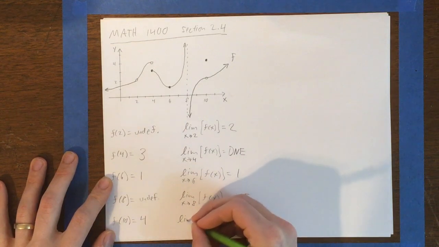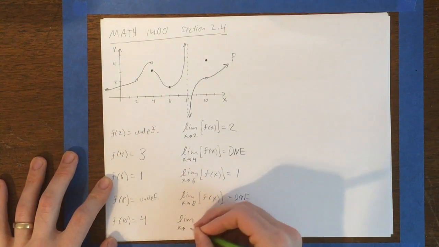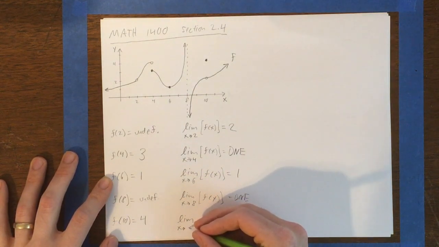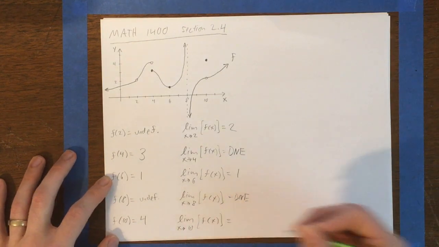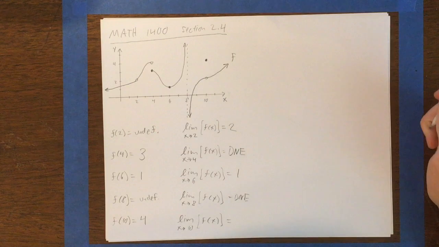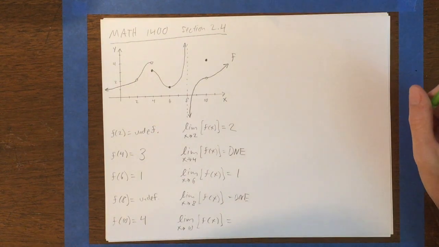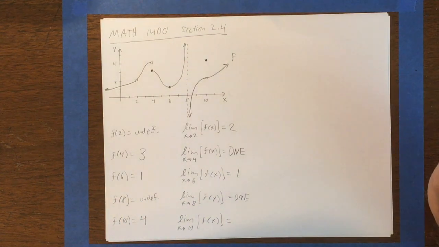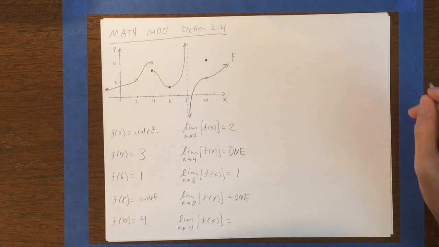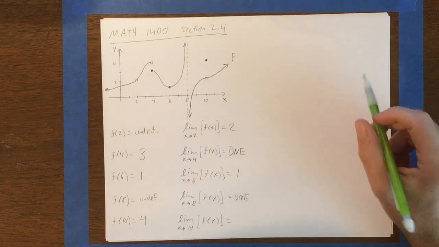But the limit value at 10 is different. You've probably heard me say before that the limit doesn't care what the actual function value is. Not really. Often they coincide, because a lot of times we will end up evaluating a limit by evaluating the function, but it's only when it's continuous. Getting to that.